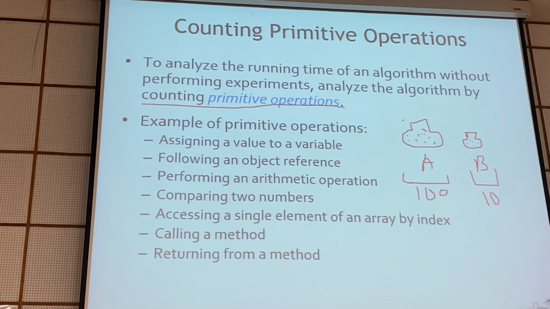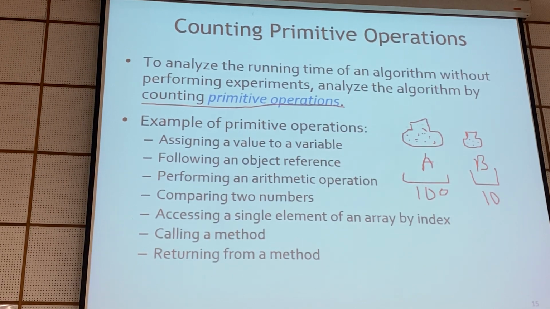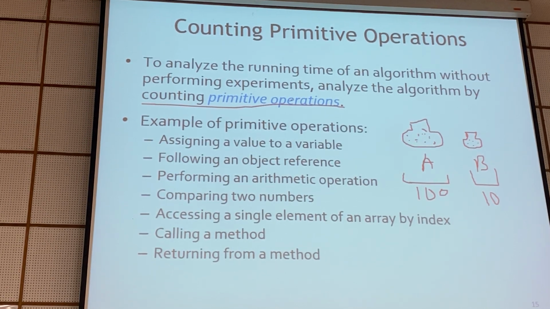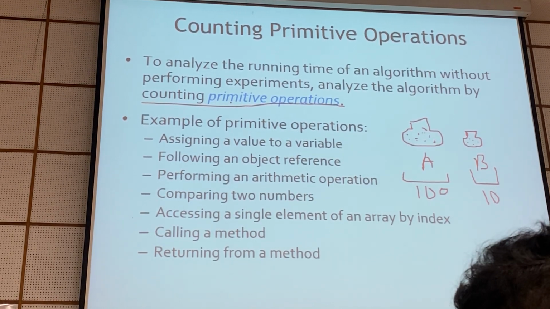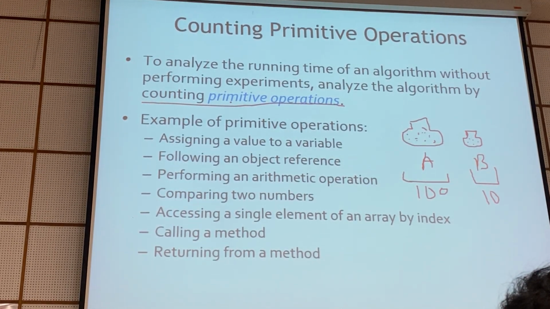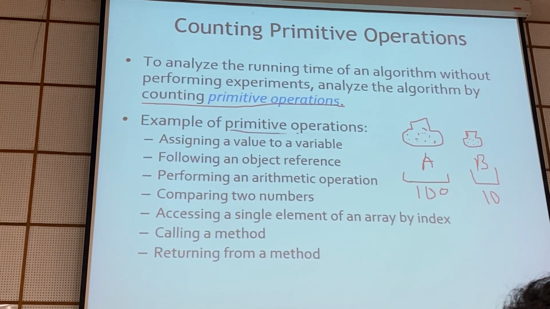Now, for job A, how did you find out the number of peanuts in the jar? We have to count, correct? So similarly, how are we going to find out efficiency of growth? We have to count. What we have to count is primitive operation. What is primitive operation? Assigning value to a variable.